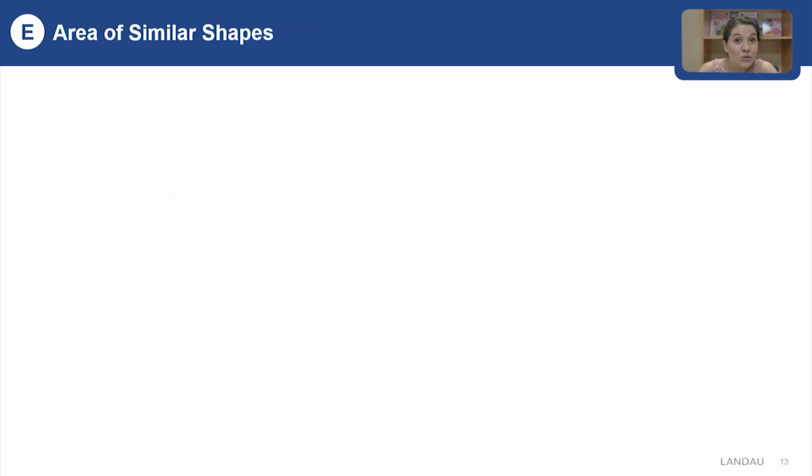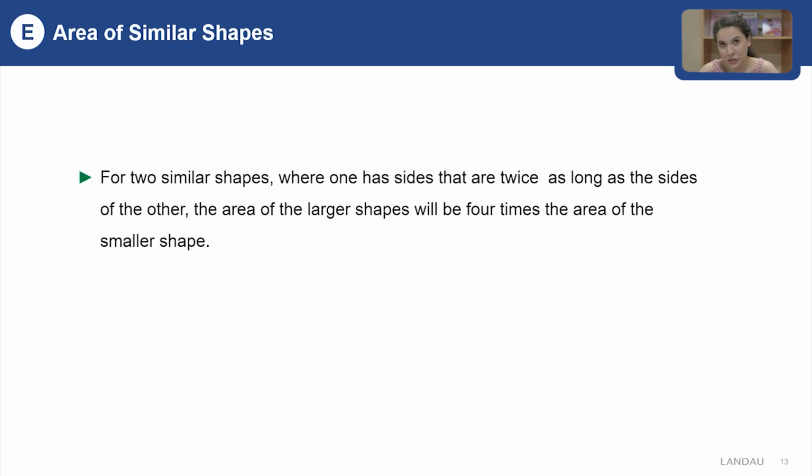Now it is time to talk about area of similar shapes. Actually, I guess the word area kind of rings some bells. For 2 similar shapes, where one has sides that are twice as long as the sides of the other, the area of the larger shape will be 4 times the area of the smaller shape.